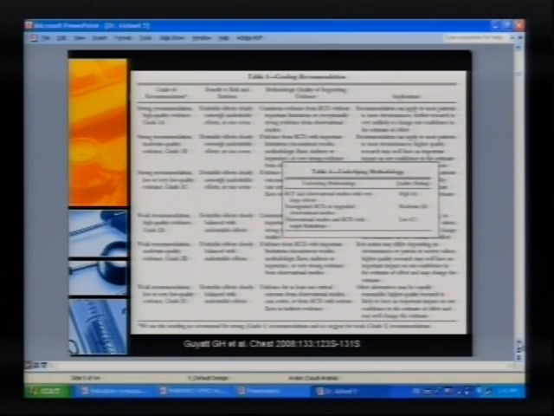We have a grading system: 1 means strong recommendation and 2 weak recommendation, and A, B, C indicate the quality of evidence. A means RCTs and observational studies with very large effect; B is downgraded RCTs or upgraded observational studies; and C is the lowest quality, observational studies and RCTs. So we will speak a common language, because it will be mentioned in all the slides.